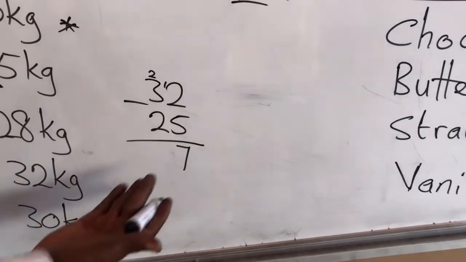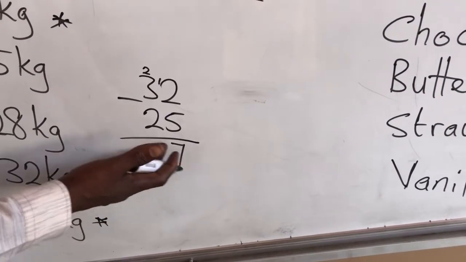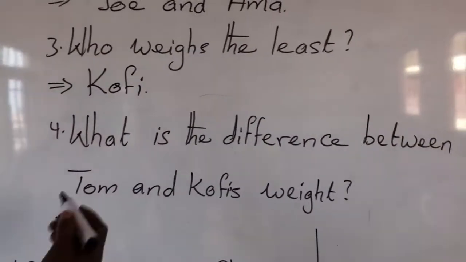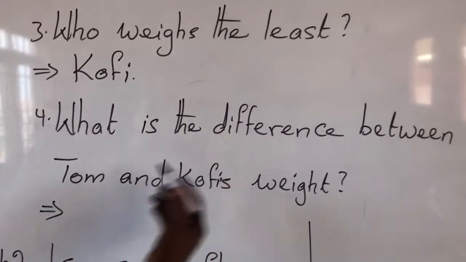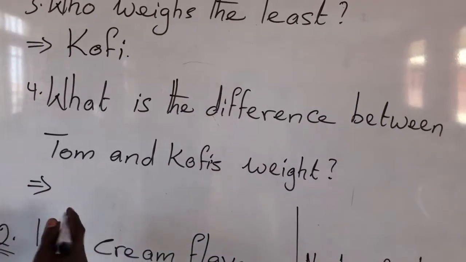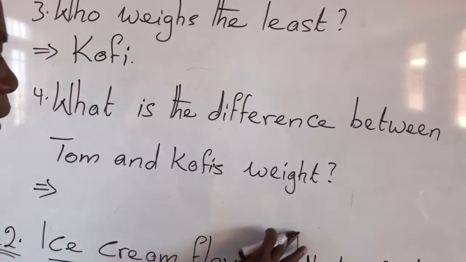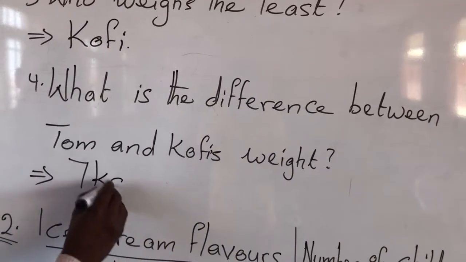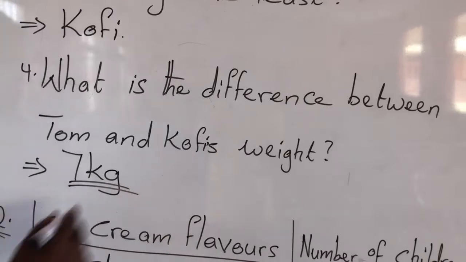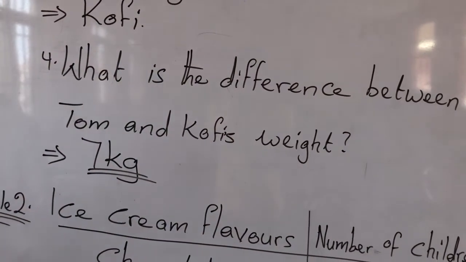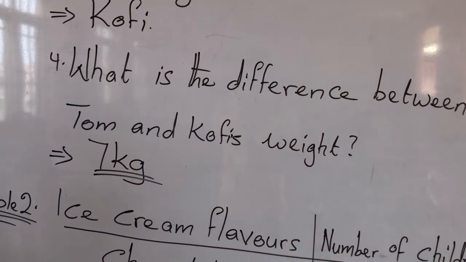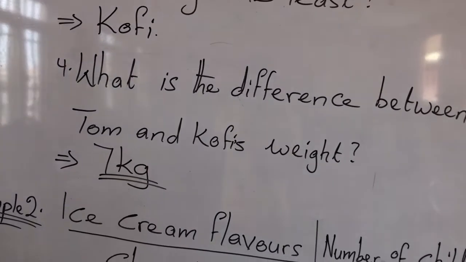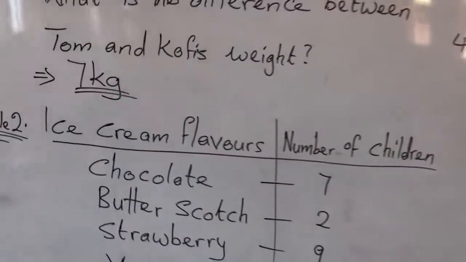So the difference between Tom and Kofi's weight is 7 kilogram. Because it's weight, we're finding the difference in kilogram. Alright, this is example 2.